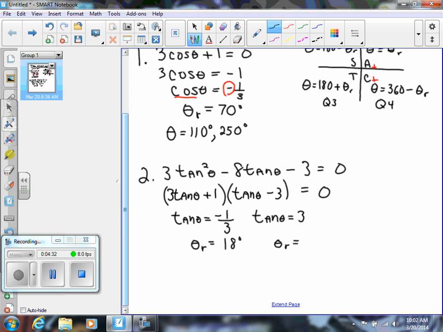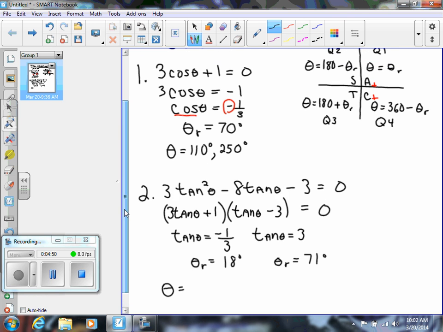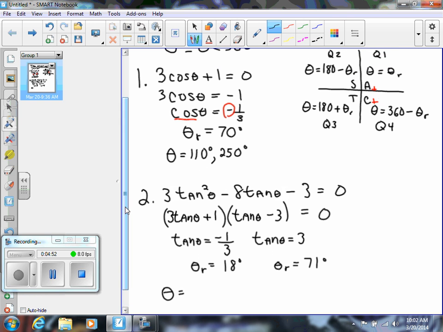And for the second part on the right, we do the same thing, second function tan of 3, and we get 71 degrees. Each of these angles we're going to take back to our unit circle using CAST and our information given to us inside those quadrants, and we're going to establish what the theta angle will be.